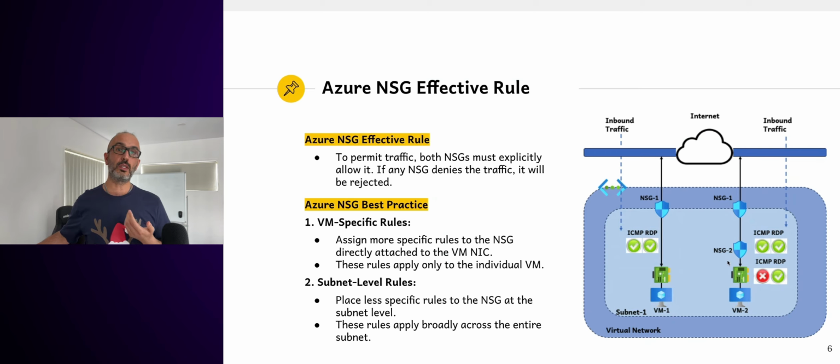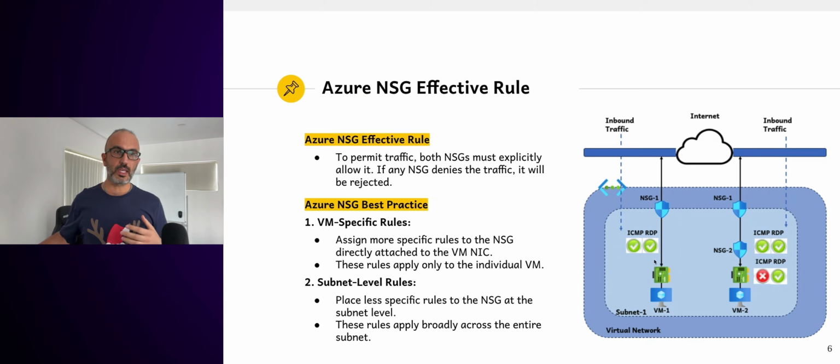So the first thing that you need to be aware of is that to allow traffic to a specific resource, you would have to allow it through each network security group that will be applied to that resource.